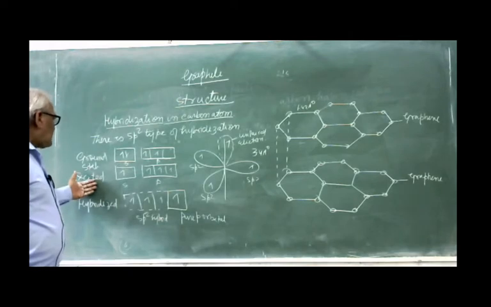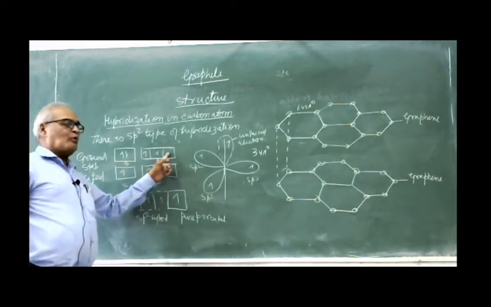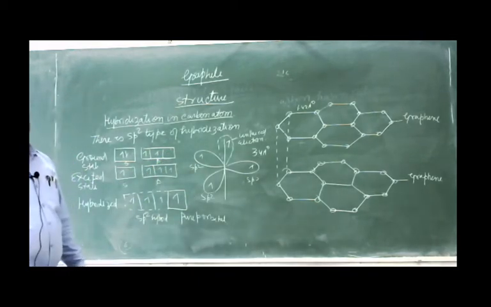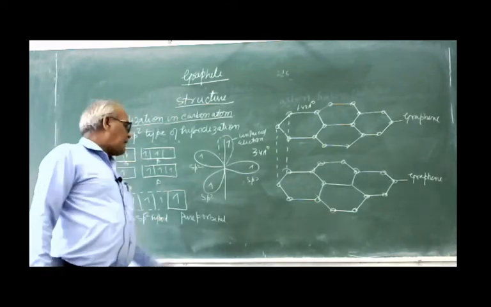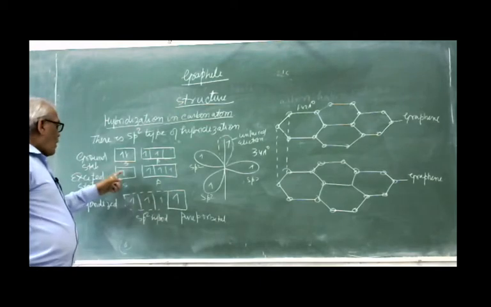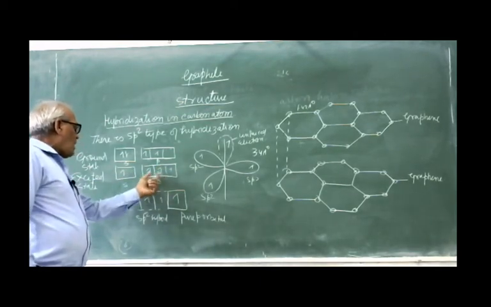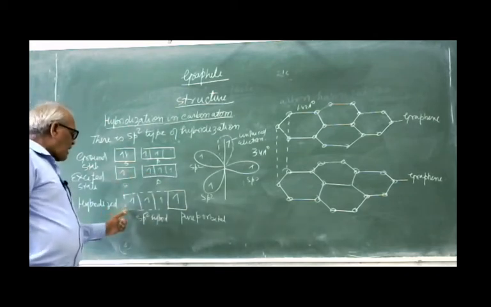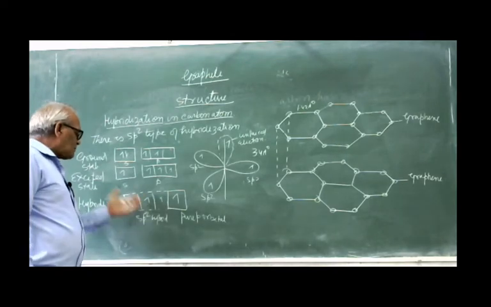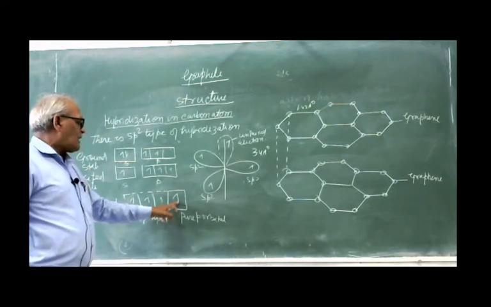So in excited state, 1 electron of the s moves to p orbital and we get this type of electronic arrangement in excited state of the carbon. Now s orbital and 2 out of 3 p orbitals mix together and form hybrid orbitals, and this is called as the sp2 hybrid orbital. And this is the pure p orbital containing 1 electron.